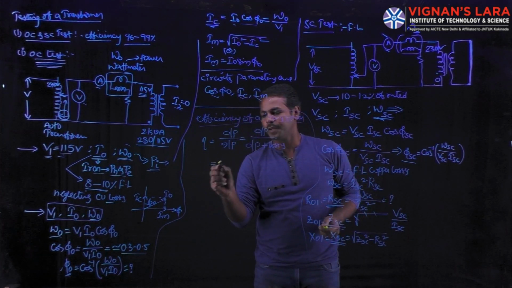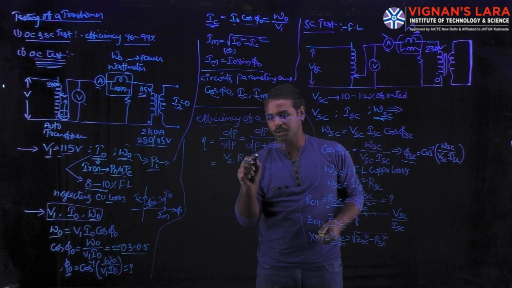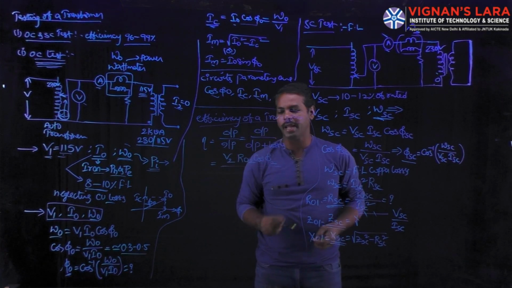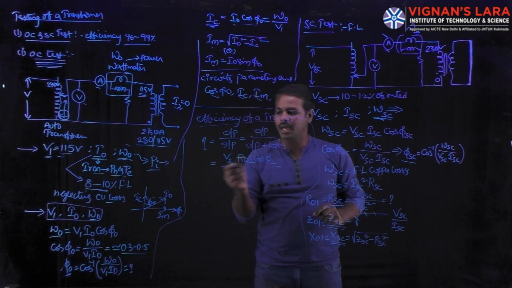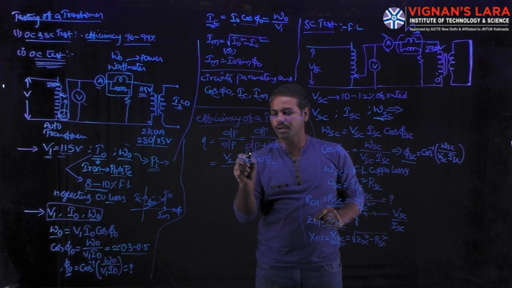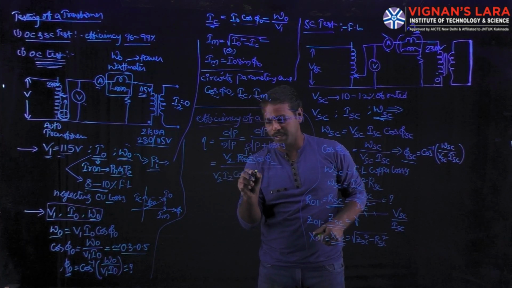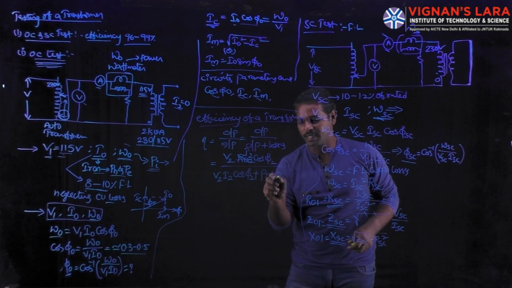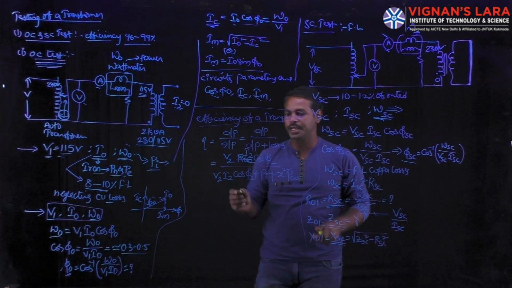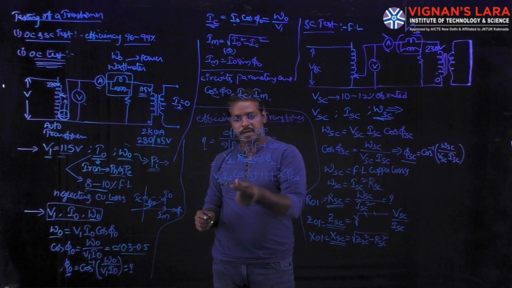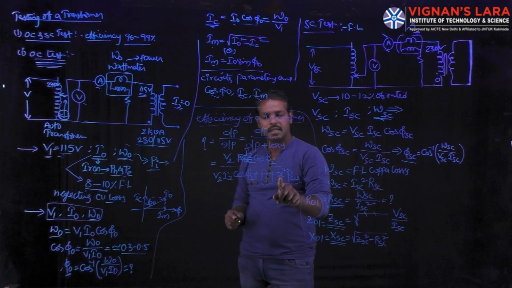The output of a transformer is equal to V2 I2 cos phi 2, so the efficiency is V2 I2 cos phi 2 divided by V2 I2 cos phi 2 plus iron losses plus x square into PCU.